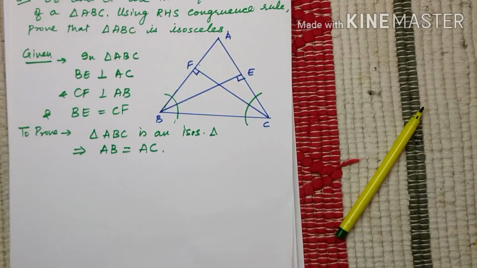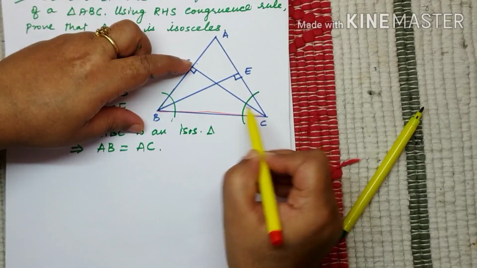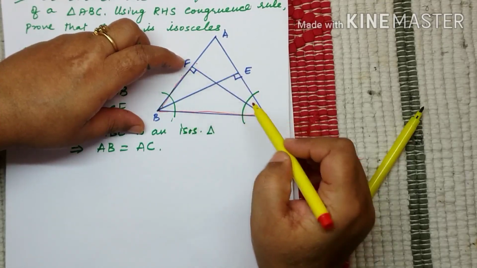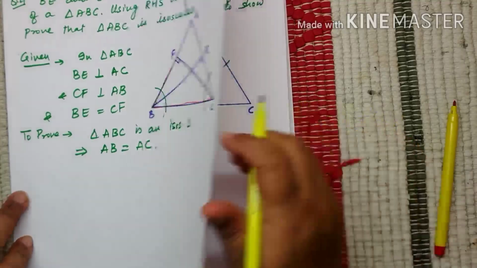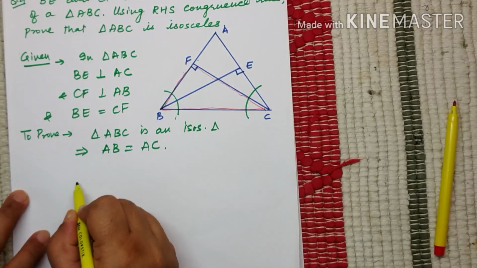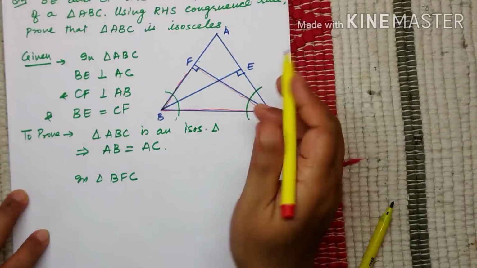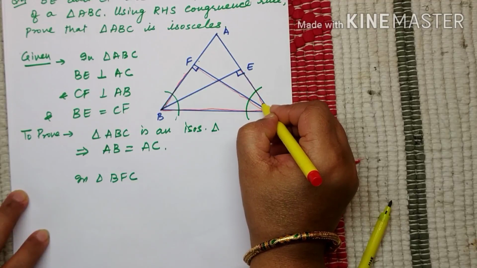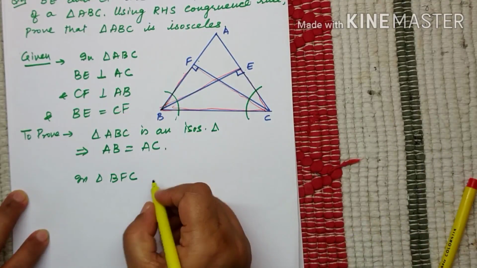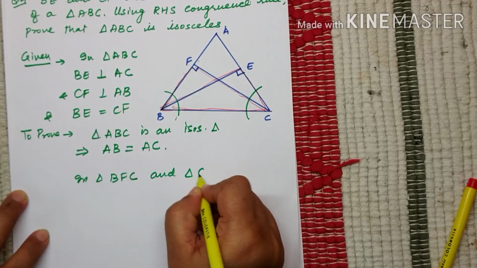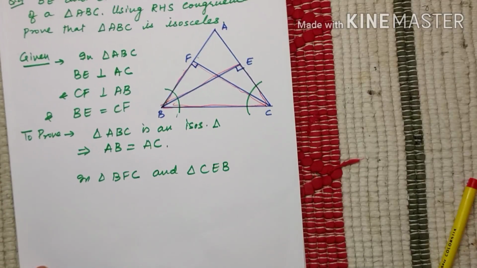And how do I get those two triangles? Look at these arms of the triangle, and they are joined. So I got the triangle BFC. So in triangle BFC, the other triangle, which one do I get? Join these. This is the angle, these are the arms. So we get CEB. These are the two triangles BFC and CEB.